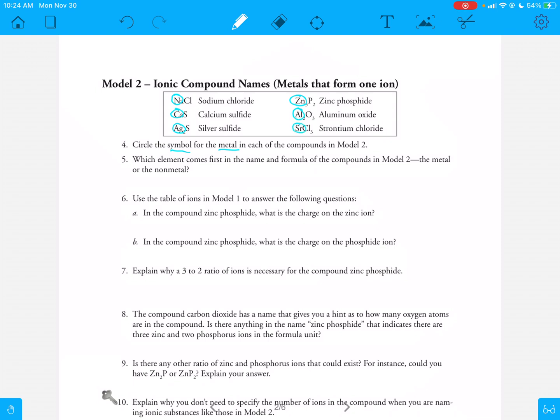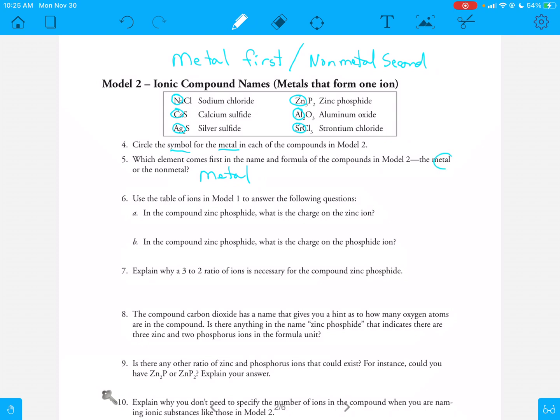Do you notice any kind of pattern here? Where is the metal at? It always goes metal first. See that? And then non-metal second. So there's something you need to know. The metal is always written first in a compound. So which element comes first in the compound? The metal.